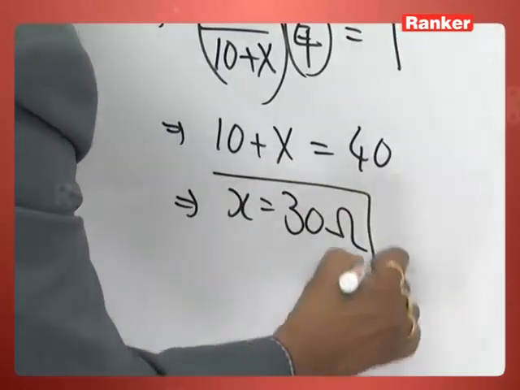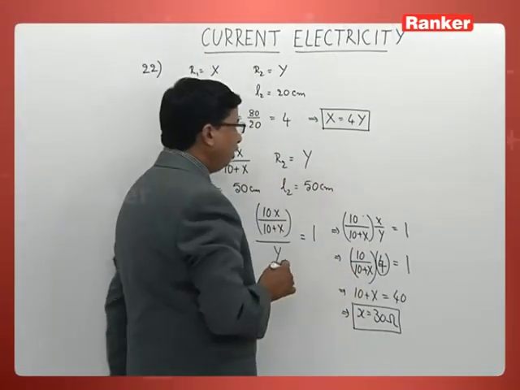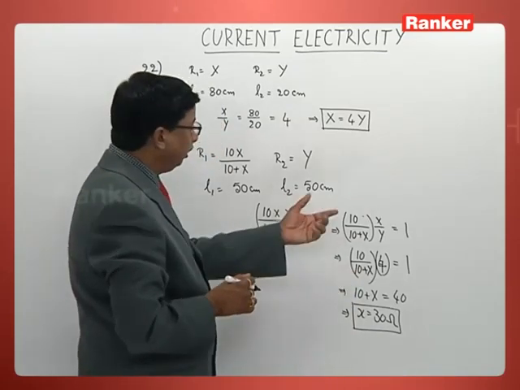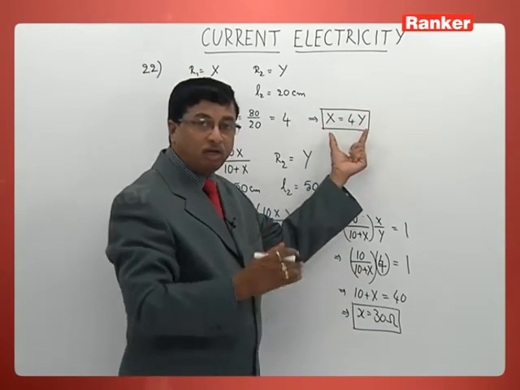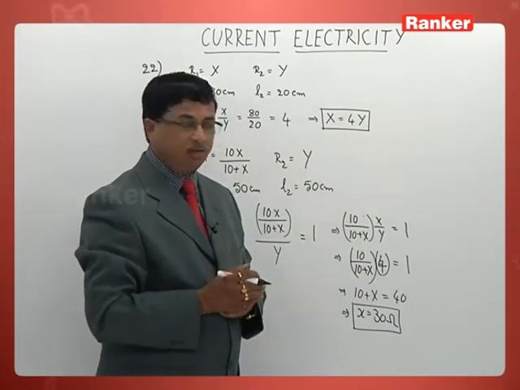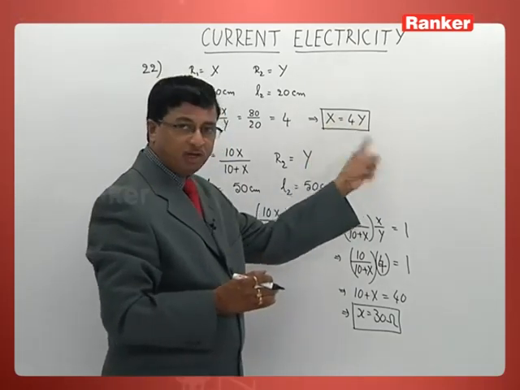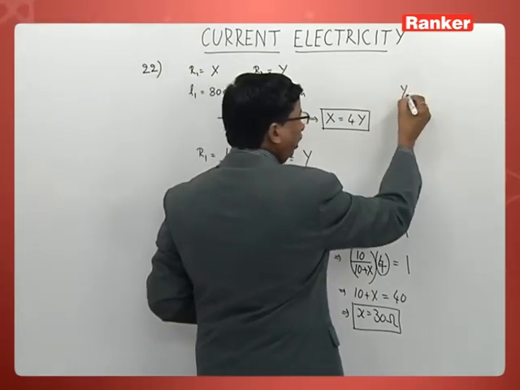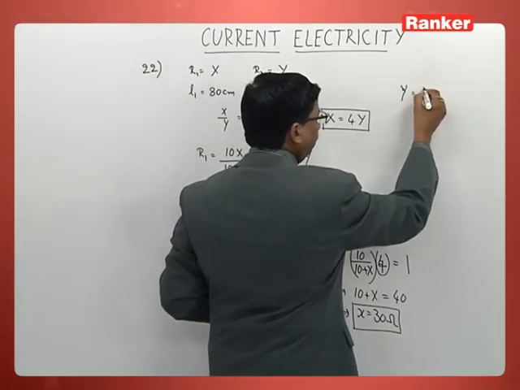You can directly understand one value, I have got it as 30 ohm. But already we have got a relation between X and Y. X is equal to 4Y. That in other words, can't we now write Y must be equal to X by 4?